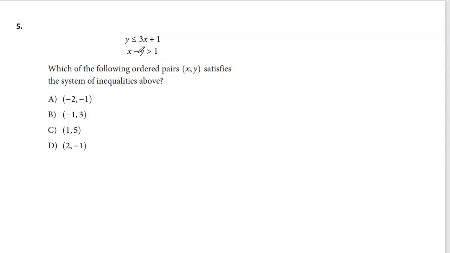So here I'm going to try and substitute. In substituting, I would like to select one of the equations which is easiest to deal with. So I'm going to select this. But remember, at the end of the day, whatever satisfies this is also expected to satisfy this at the same time. So let's start with this.